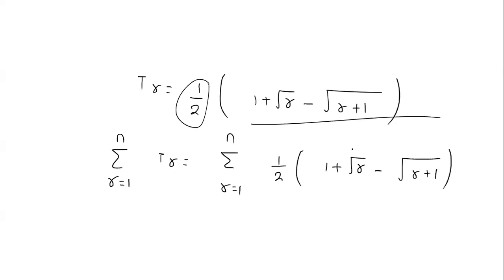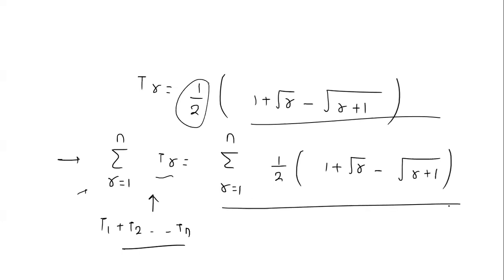And now we want to find the sum of n terms. So we can do, from r equal to 1 to n, t r, which is the rth term. So we want to find the sum of n terms. We can write it in this way, and this thing will come like this. So this one factor is independent of r, so we can take this outside.